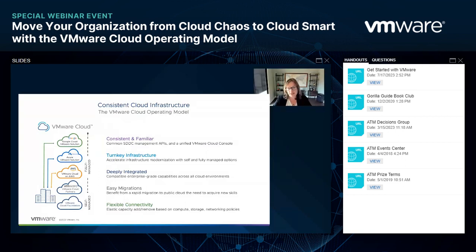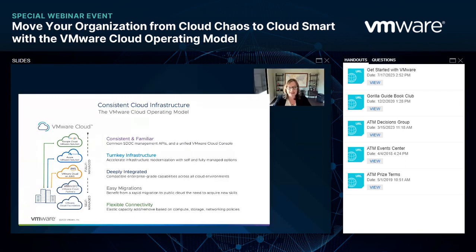And the benefits here are that the solution is known and trusted. As I mentioned, most of you are running 80% or more of your enterprise workloads on vSphere. So it's consistent and familiar in terms of the tooling, in terms of the concepts, in terms of optimizing them. It's deeply integrated both back onto your on-premises workloads and into the public cloud environments themselves.